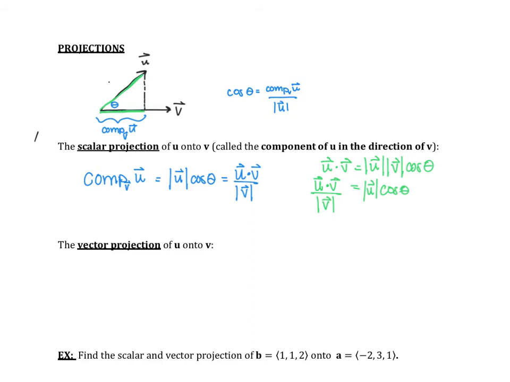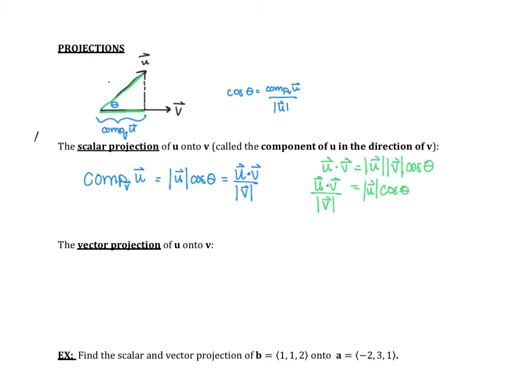Now, when we talk about the vector projection of u onto v, the difference between the scalar projection and the vector projection is that the vector has a length and goes in the same direction as v.